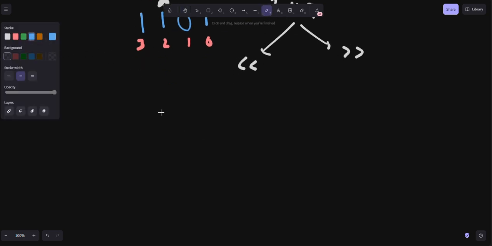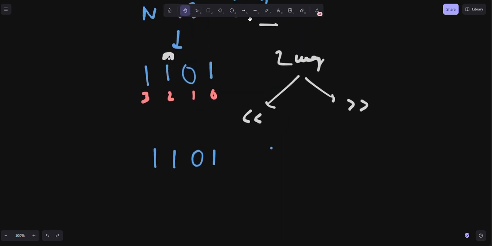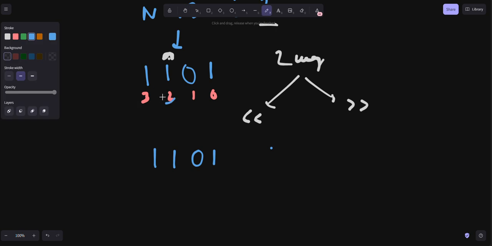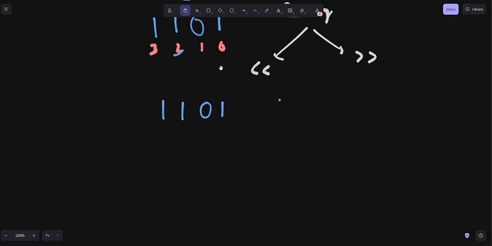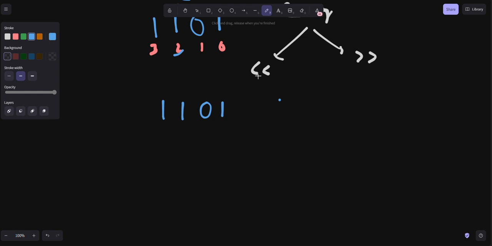Let's say we have 1101, and I is 2. So basically I need to target this second bit.